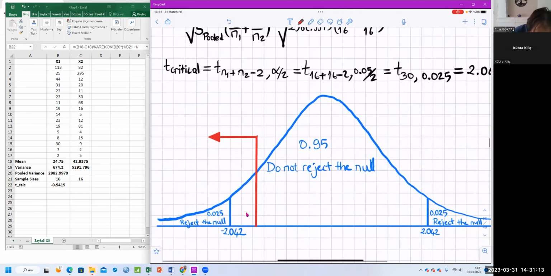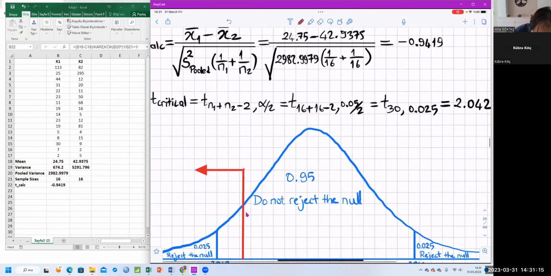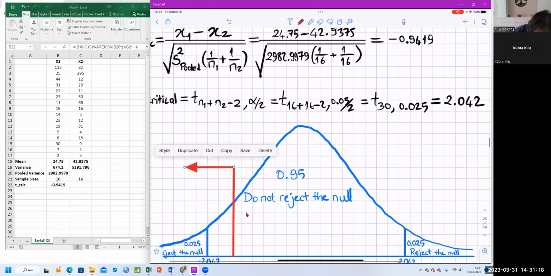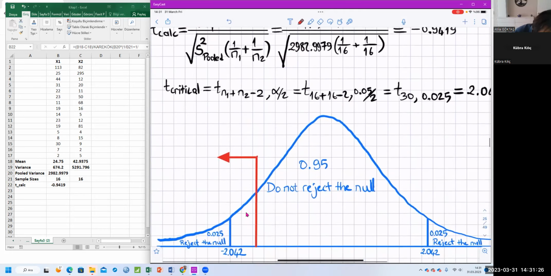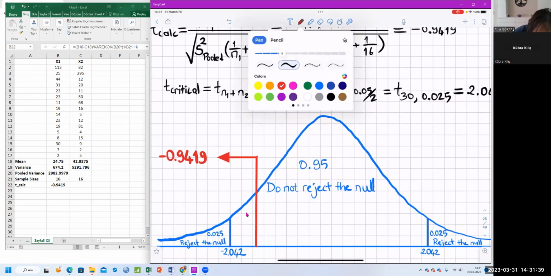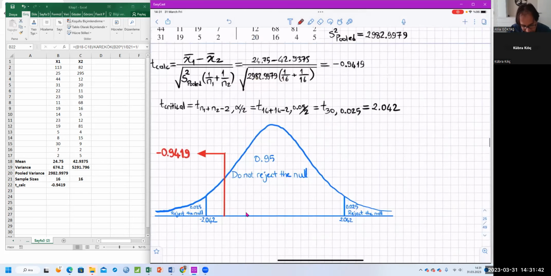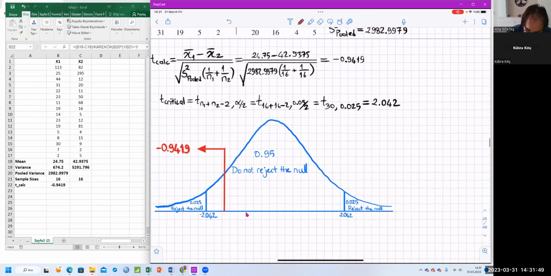The value is minus 0.9419. That's the calculated statistic, simply falling within the region where you will not be able to reject the null hypothesis.